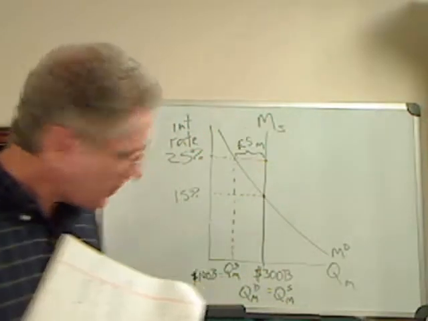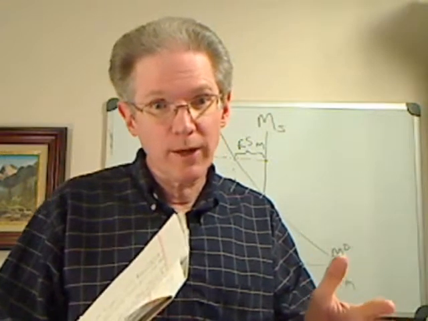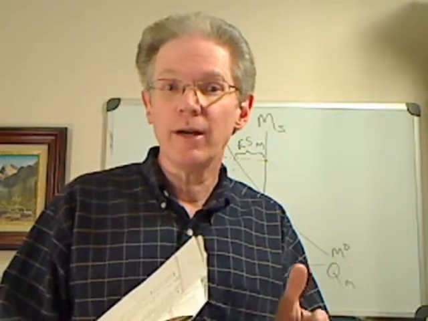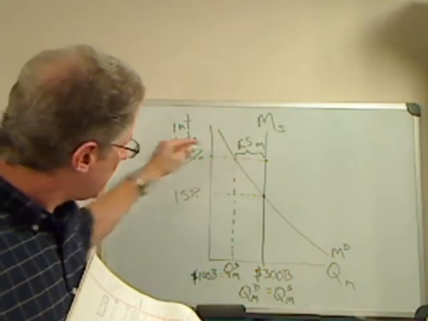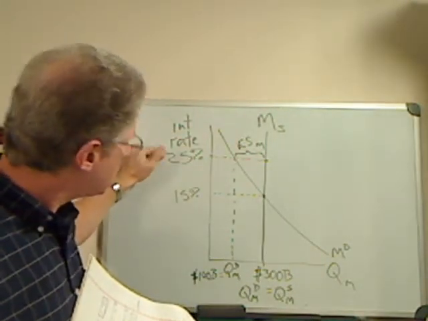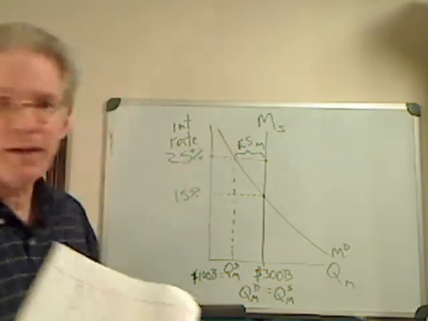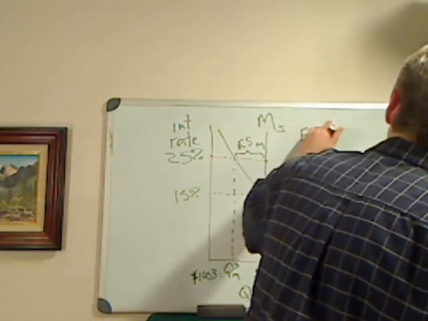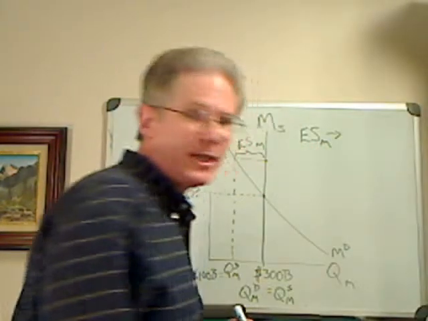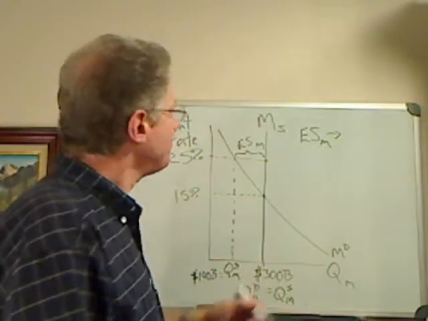In the liquidity preference framework, people have two ways of holding their wealth, money or bonds. We now know that if the interest rate is 25%, there will be excess supply in the money market. Think back to the previous segment, or the segment before that.